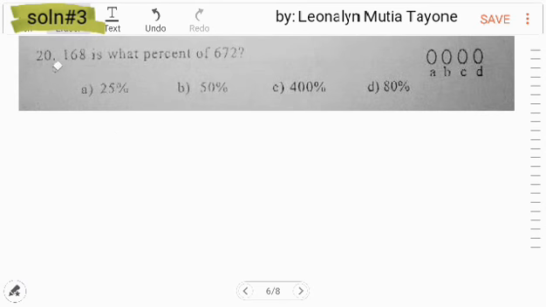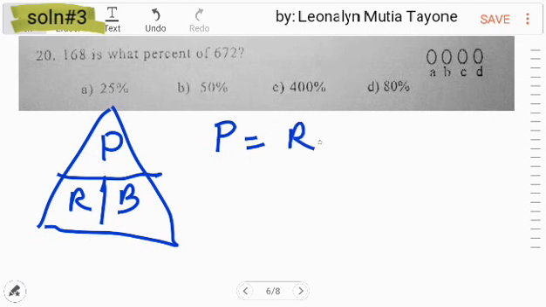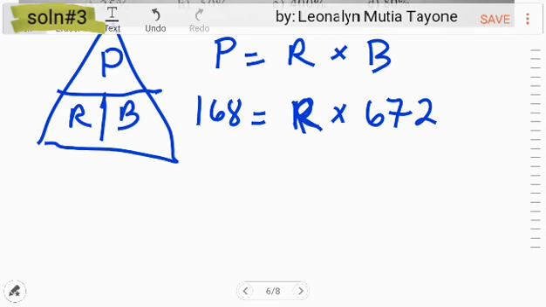This is P R base. P equals rate times yung base. Ang portion ay 168. Yung rate ang hinahanap natin times yung 672. Ganun pa rin.